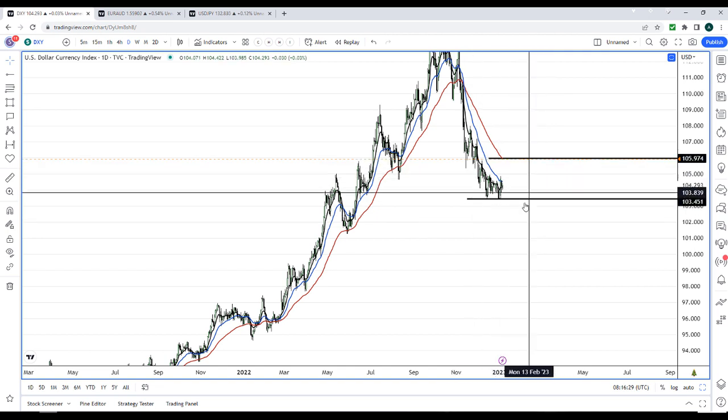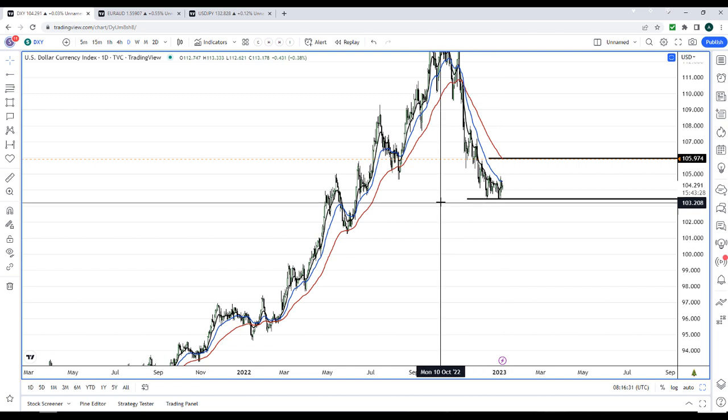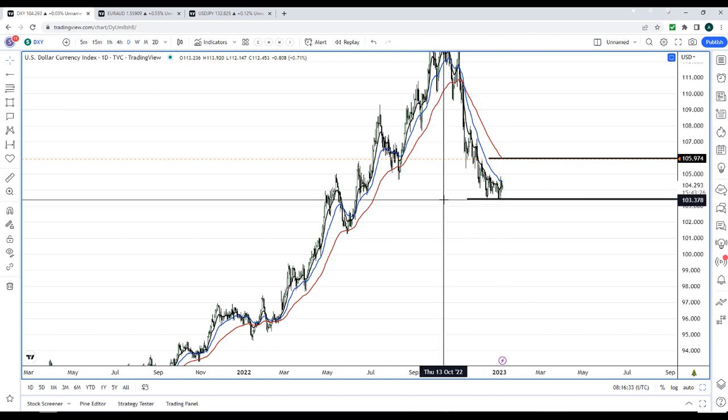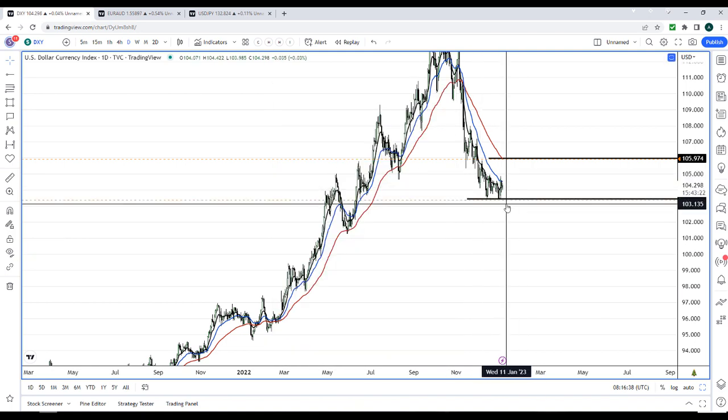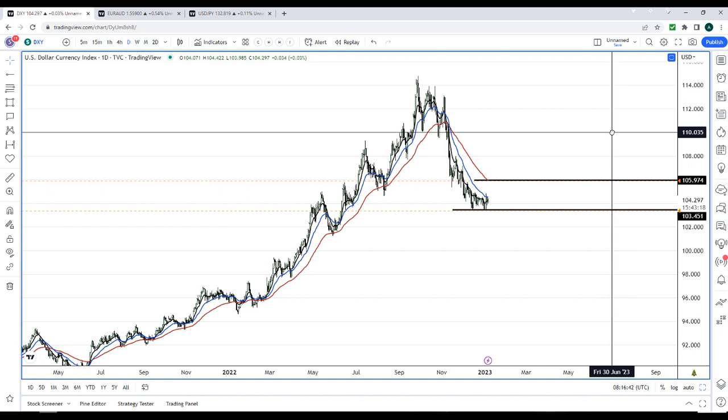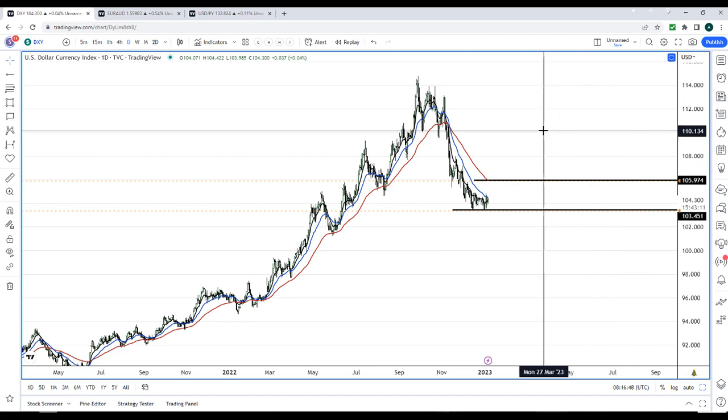Deeper pullback 106. But also set an alert. I'm going to do that as well. And below here, if this area breaks and we see a close below, then potentially that is our next move down. But yeah, looking for downside on the dollar index. It's just a case of when it's going to happen.